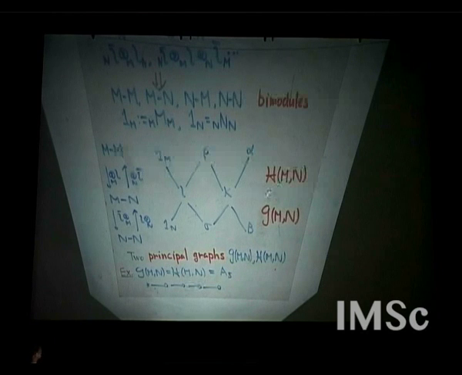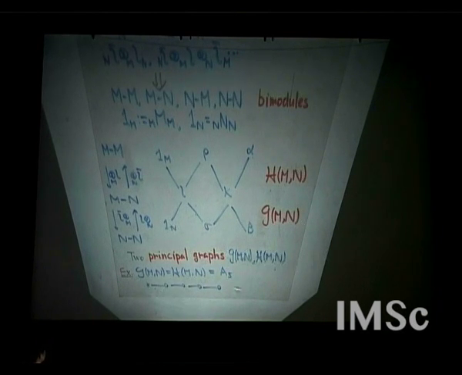But okay, this notation is not a really popular notation, this is just for today's purpose. For some reason, I want to use this particular graph, the graph for M-N bimodules and N-N bimodules. So let me call this curly G of M and N. So in this particular example, you get the same graph for these two, and it's the so-called Coxeter graph A5.